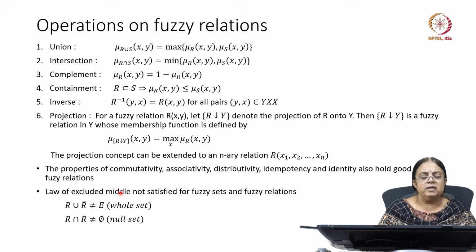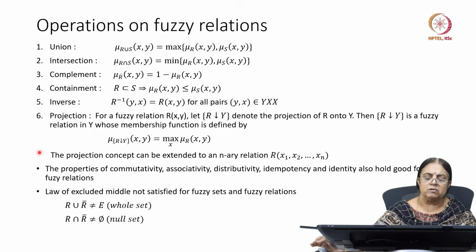And if you take R intersection R bar, you will find that it will be the null set, but that is not the case for fuzzy sets. So these two are not satisfied in the case of fuzzy sets and fuzzy relationships both. This is what is different from the basic crisp sets.